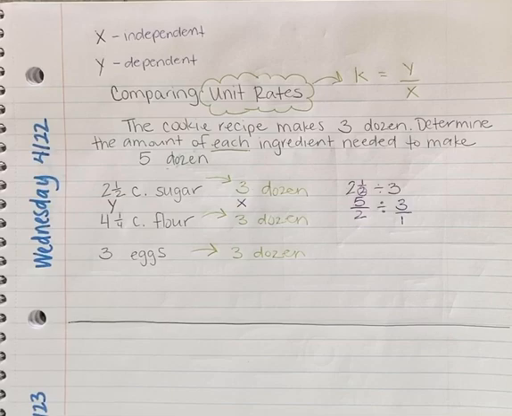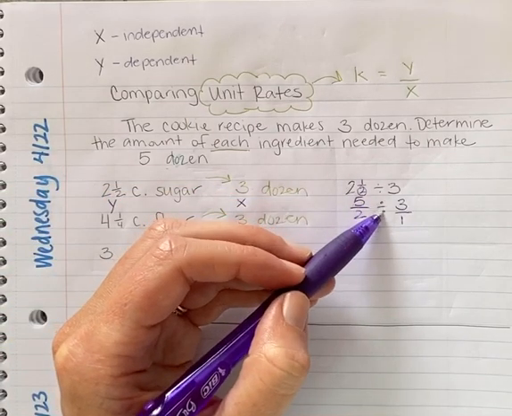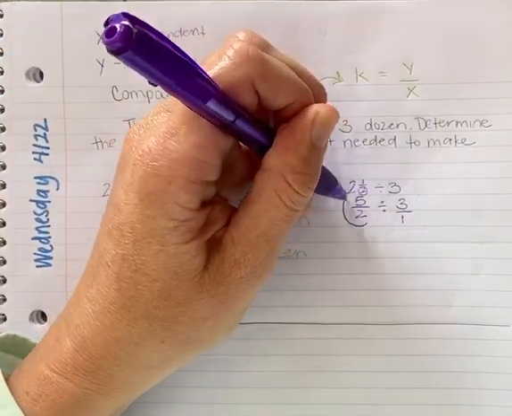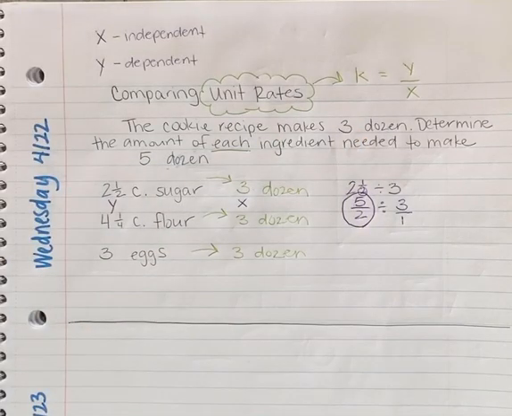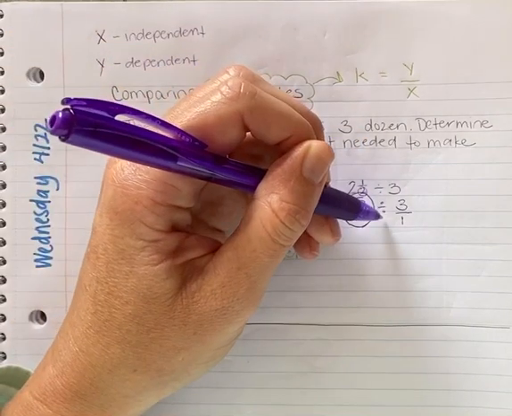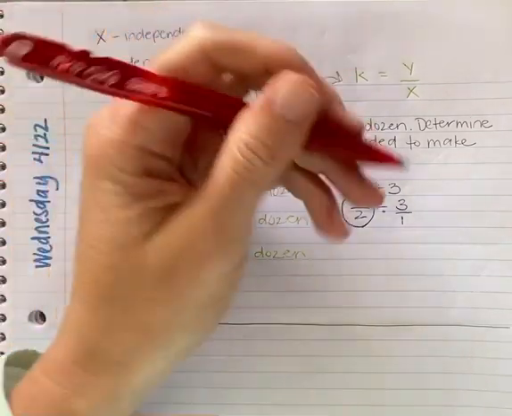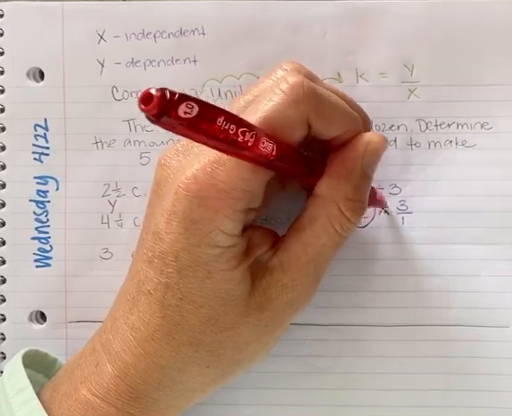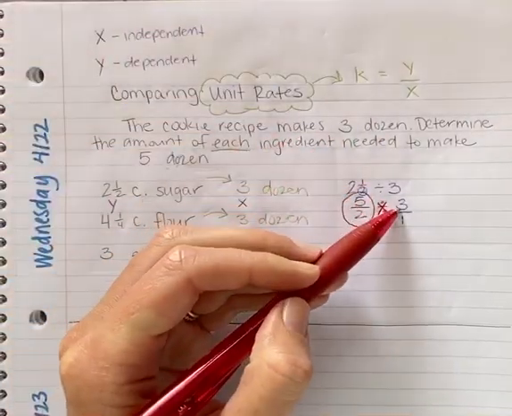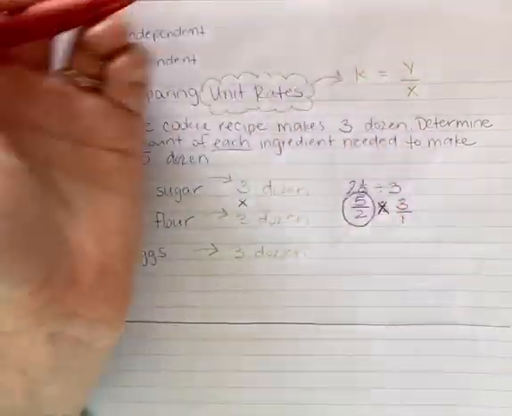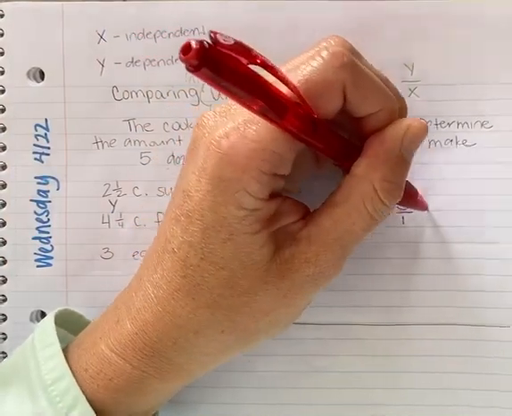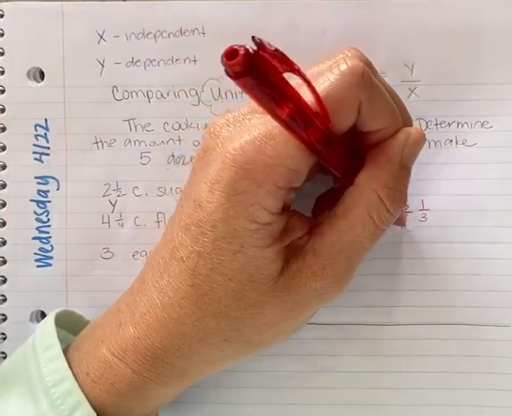And hopefully you remember that when we divide fractions, we keep the first fraction. We change this division into multiplication. And then we flip the second fraction. So 3 over 1 becomes 1 over 3.